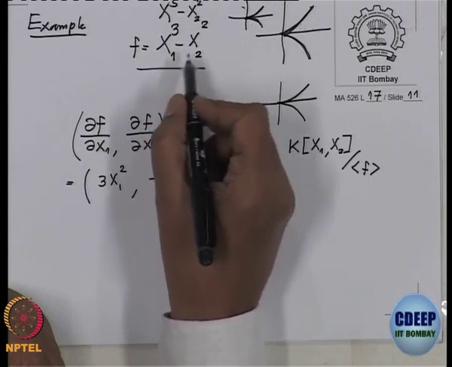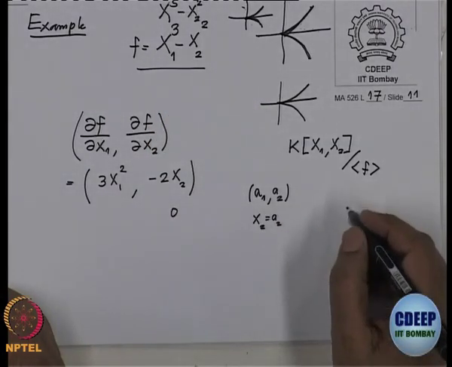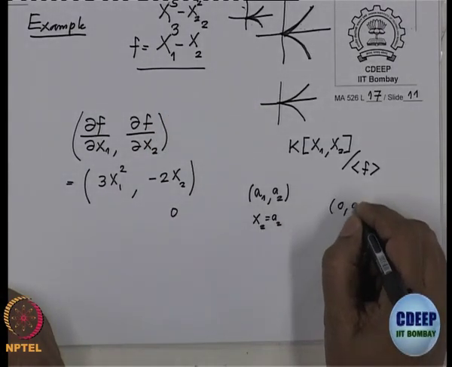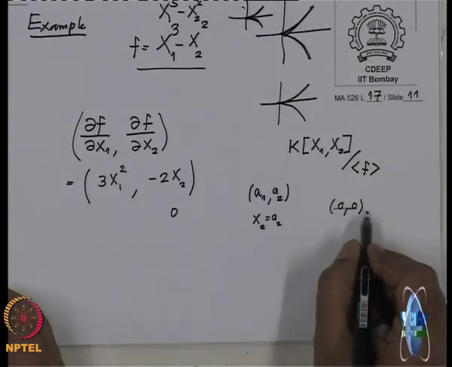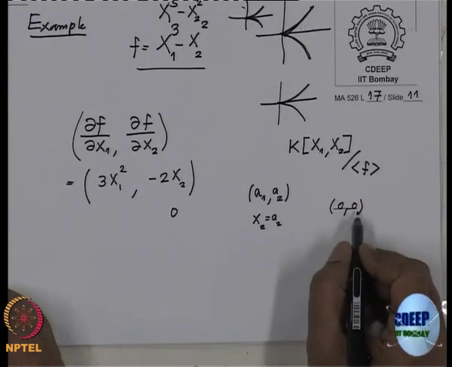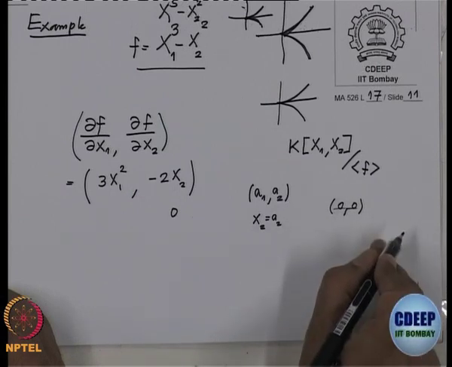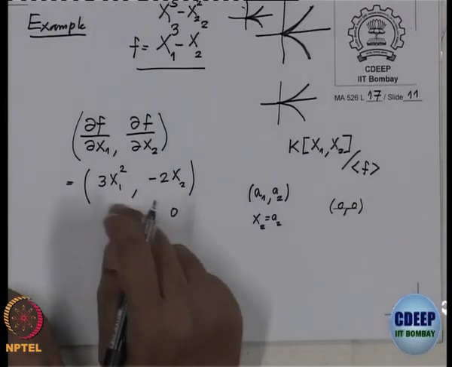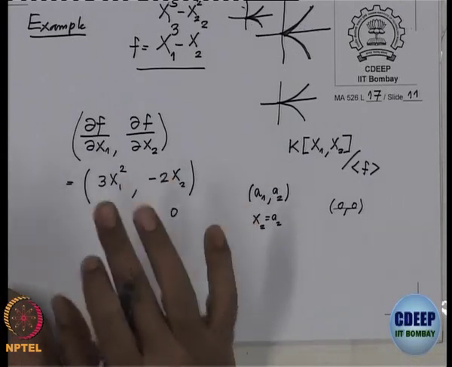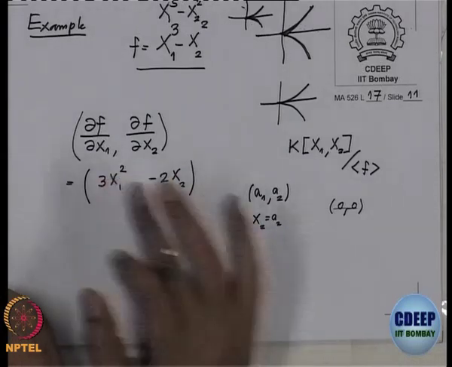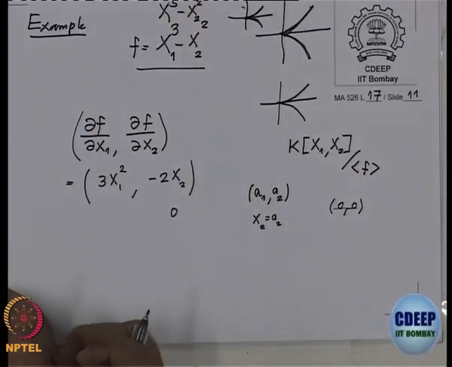So, you have to check all those things. So, the only possibility is 0 0, because if you take any other point than 0 0, then either the x1 coordinate is non-zero or the x2 coordinate is non-zero, then one of them is non-zero, and therefore the rank will become 1, and then that criterion will tell you it is a regular ring. Therefore, the only singular point is 0 0.